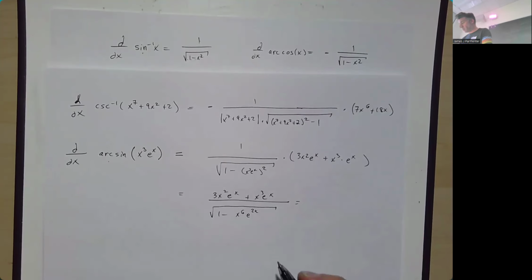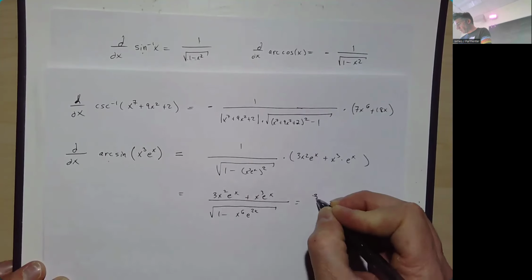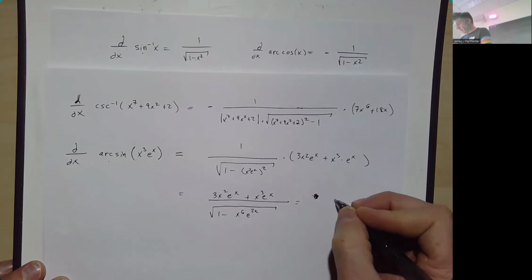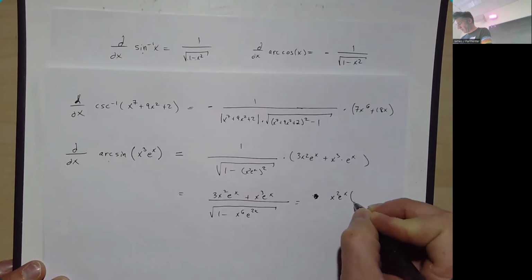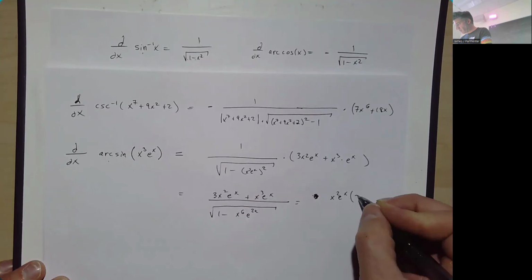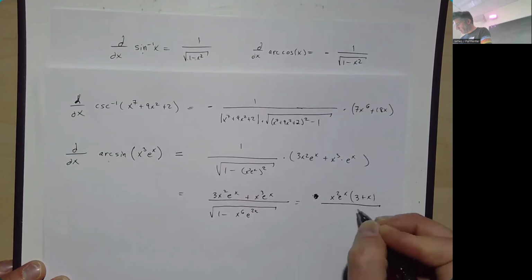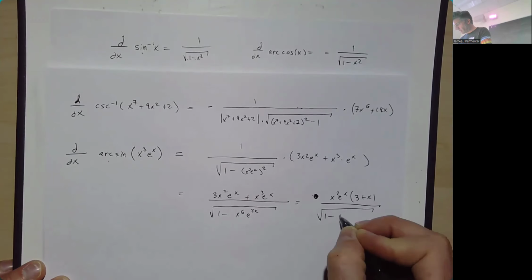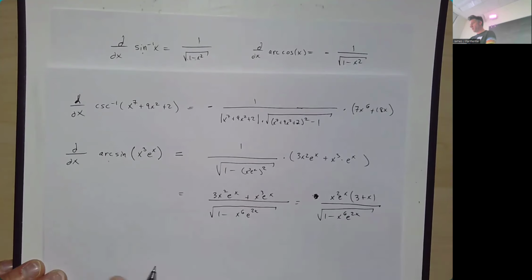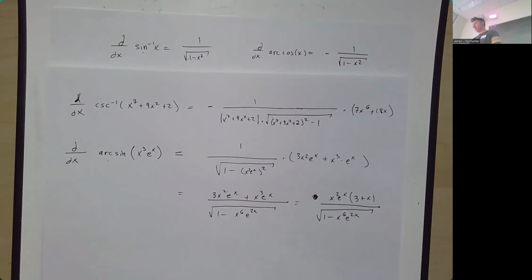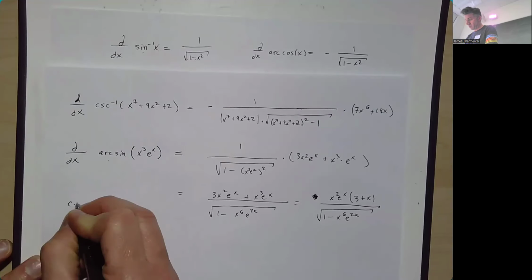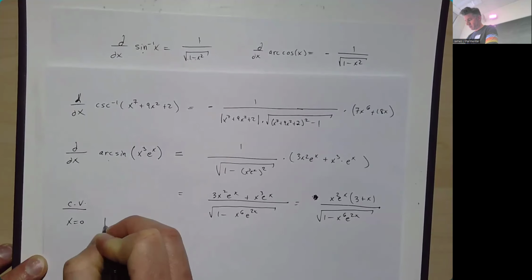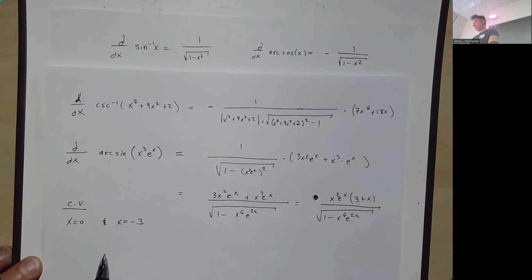So we took an x squared e to the x out, and we're left with 3 plus x over there, and the square root of 1 minus x to the 6th e to the 2x over here. Then you could see that x equal to 0 and x equal to -3 are critical values for this function, because those make the top equal to 0.